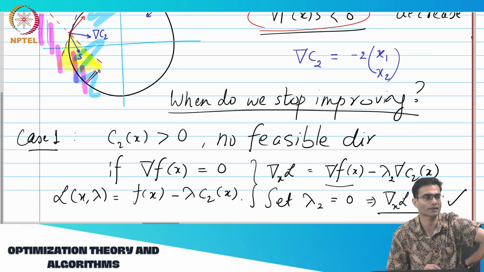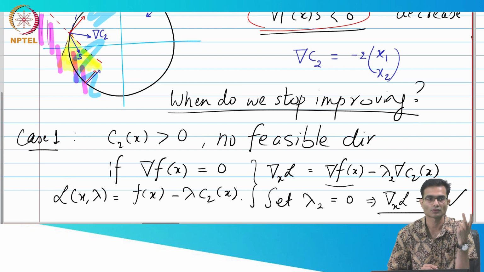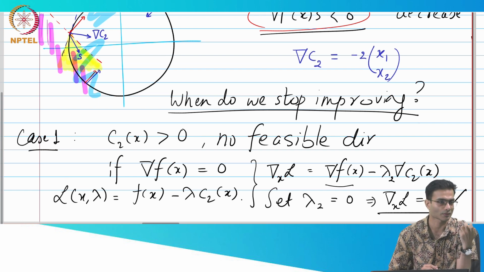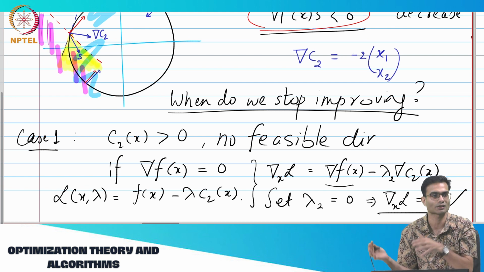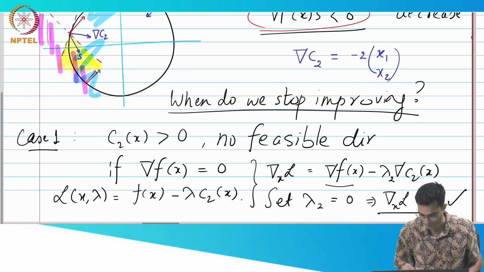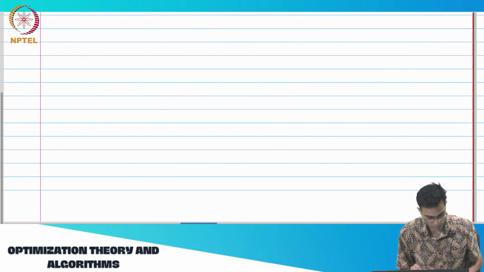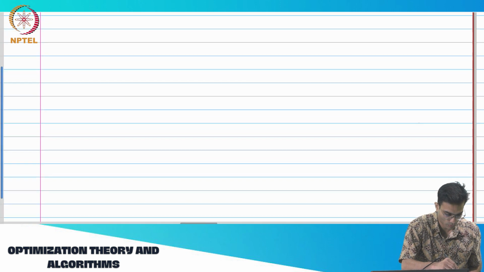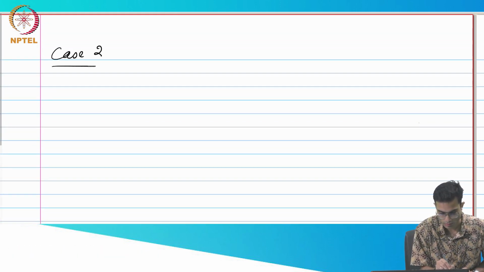I can say that if I am in case 1, then two things have to happen for it to be a signature of a stationary point: grad L equal to 0 and lambda 2 equal to 0. It seems very silly, like I'm artificially adding in this thing, but we'll see the power of doing that in a few moments. Okay. Now, let's move to case 2.